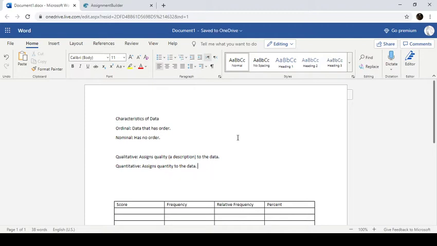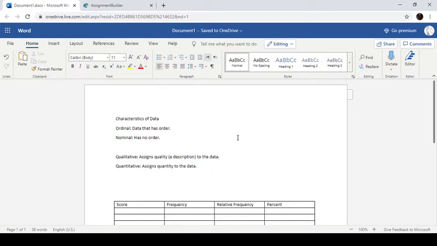Okay, so one more time. Ordinal data is data that has order. Nominal data doesn't have any kind of order to it. Qualitative data has some kind of quality to it. It describes something. And quantitative assigns value. It assigns a quantity.